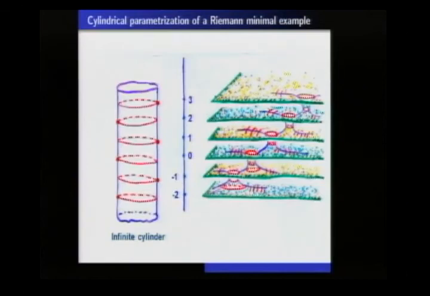So if you take one of them, I can take its conjugate surface. And that conjugate surface is, again, another Riemann example. It looks very different, but it's another Riemann example. And there's one special one which goes to itself under this transformation. This is related to the fact that the catenoid and the helicoid are conjugate minimal surfaces.